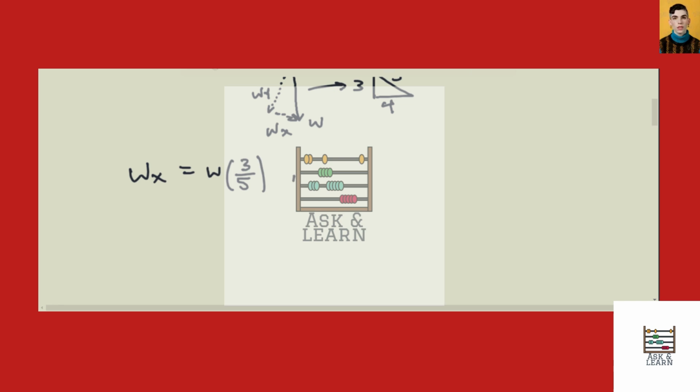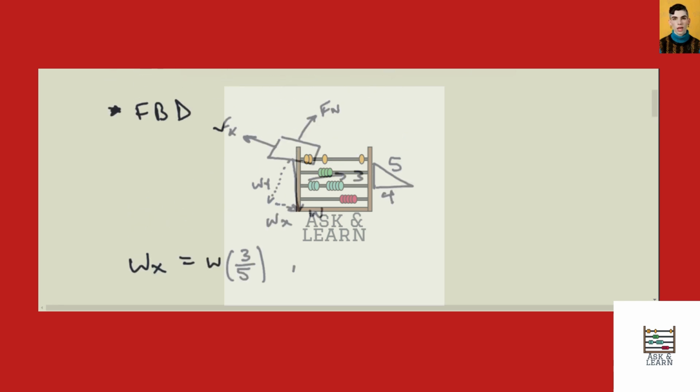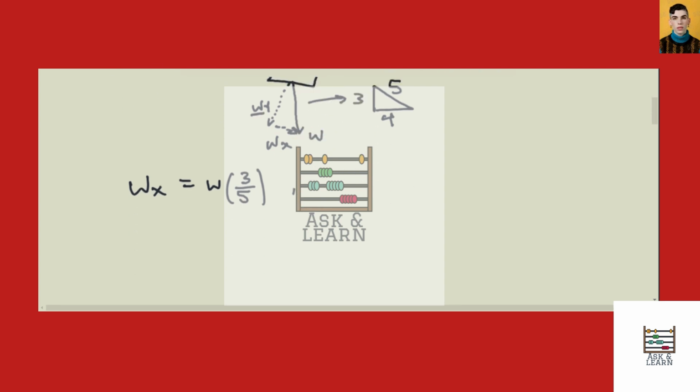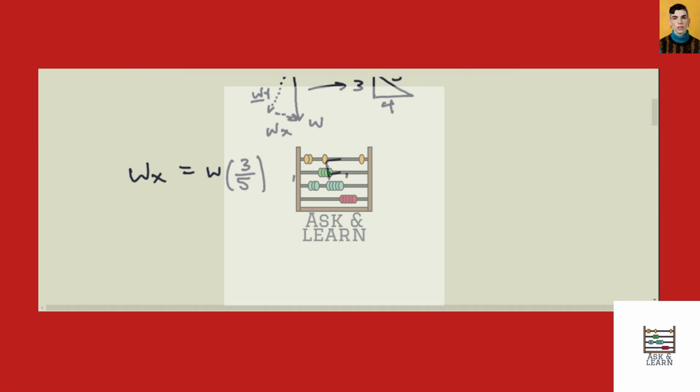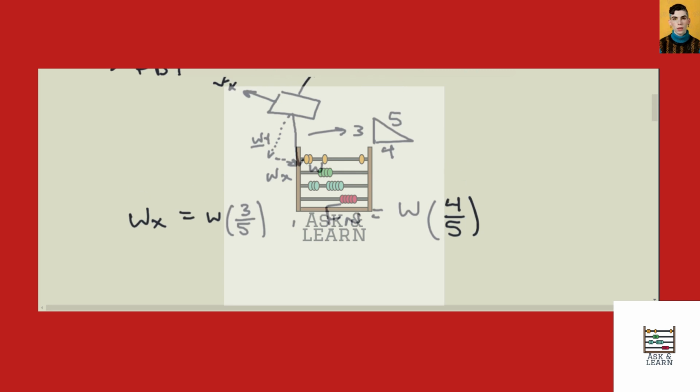The normal force is in the opposite direction of wy, so the normal force Fn equals wy, which is w times 4/5, again from the triangle.